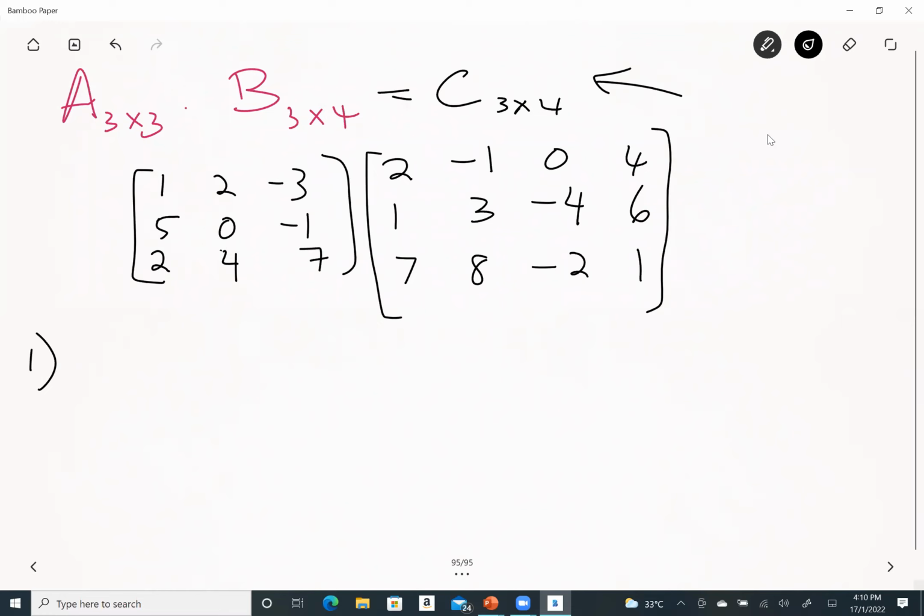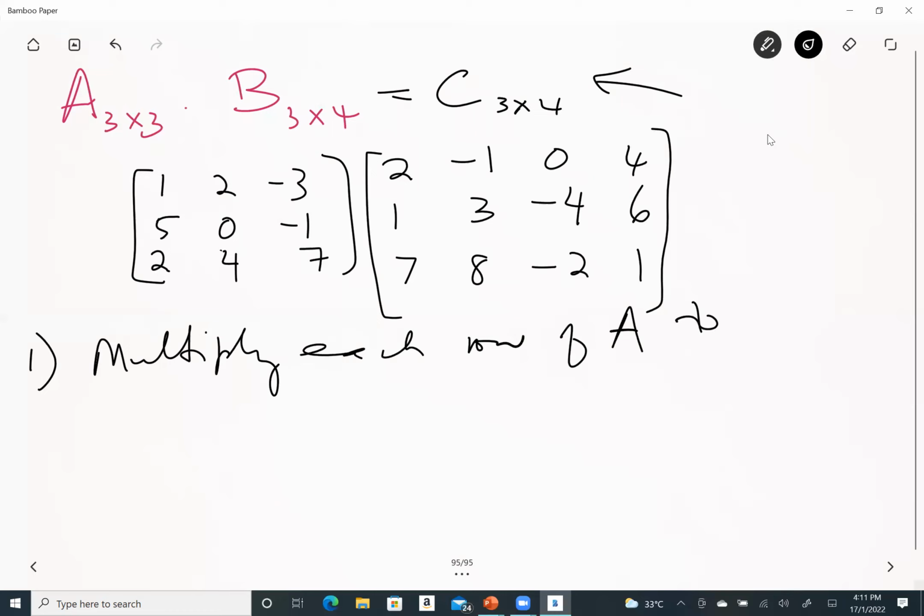You multiply each row of A to every column of B. All right.